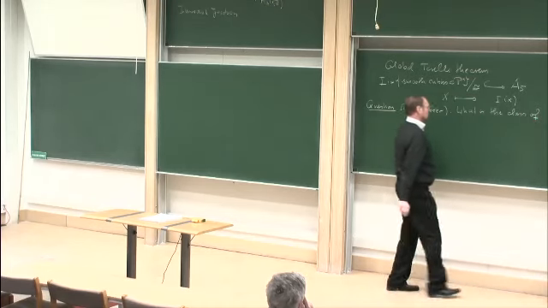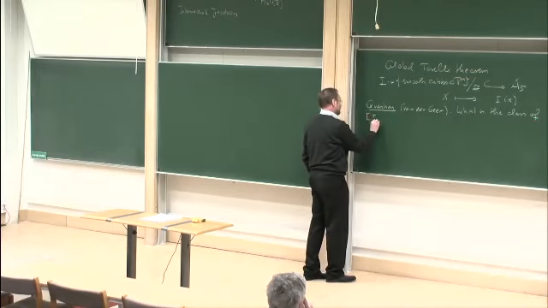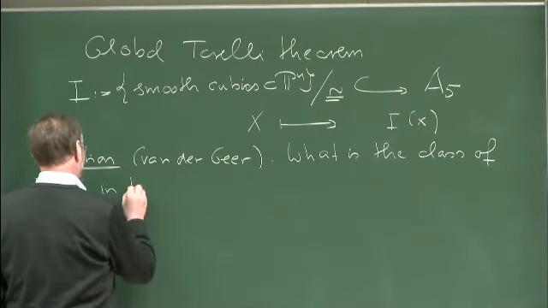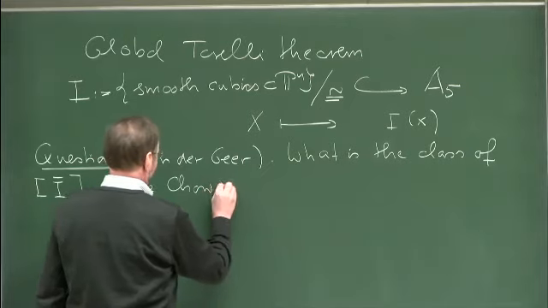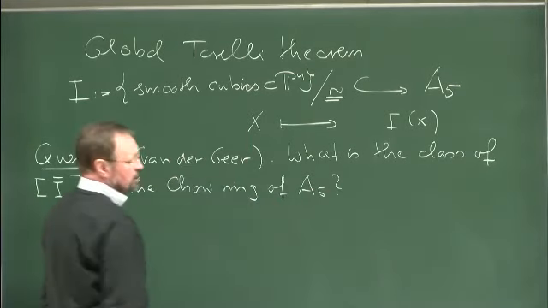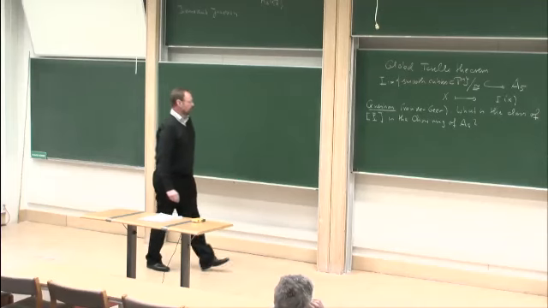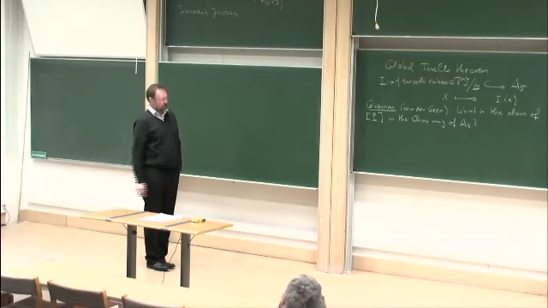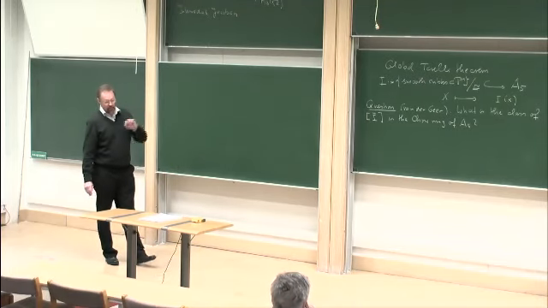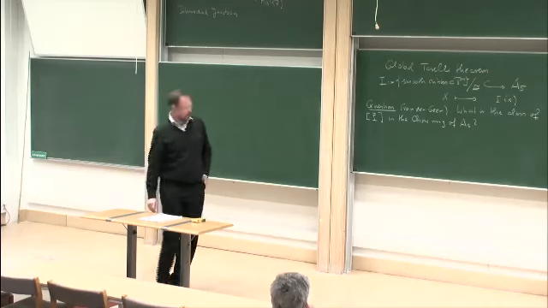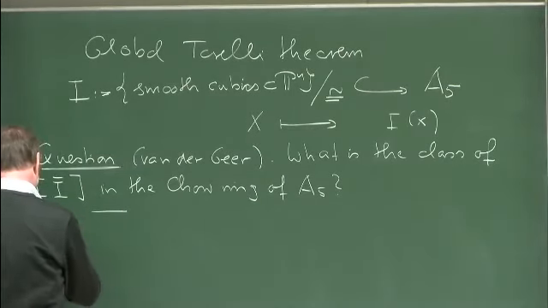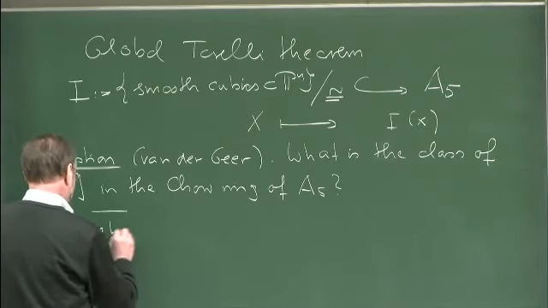So what is the class of, say, I bar, meaning closure in A5, in the Chow ring of A5? Can one describe it? We can say something about this, also about the closure in some compactification. We can't quite answer that question, as you will see. But to describe this, let me recall what the Hodge bundle is.